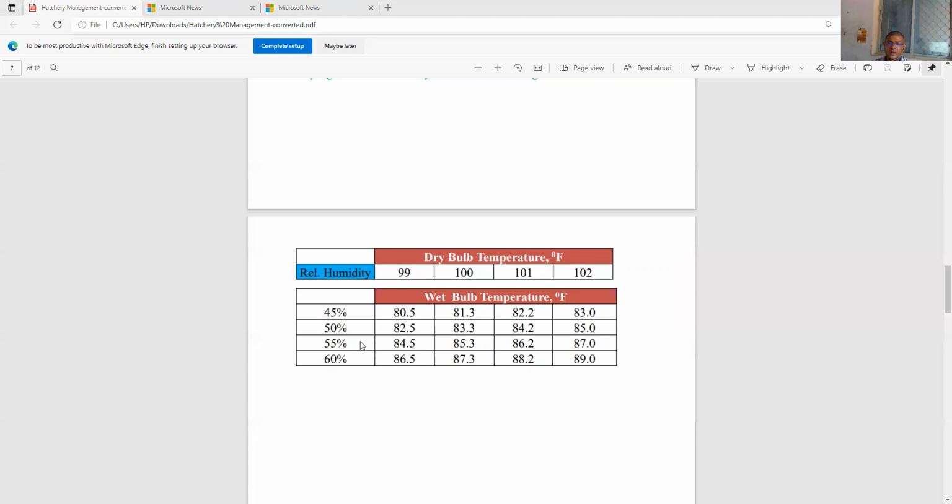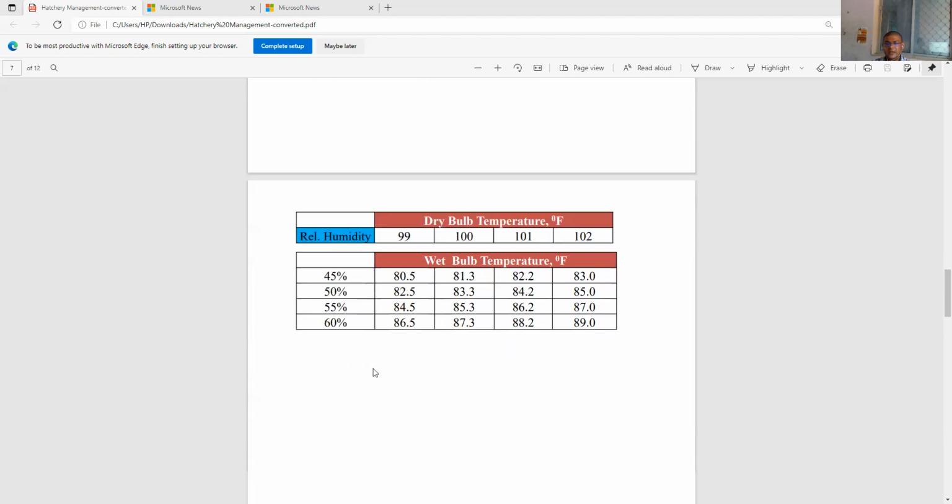In the case of 55% humidity, the dry bulb temperature changes from 99 degrees Fahrenheit to 102 degrees Fahrenheit, whereas the wet bulb temperature changes from 84.5 degrees Fahrenheit to 87 degrees Fahrenheit. When relative humidity is 60%, the dry bulb temperature changes from 99 degrees Fahrenheit to 102 degrees Fahrenheit, whereas the wet bulb temperature changes from 86.5 degrees Fahrenheit to 89 degrees Fahrenheit.